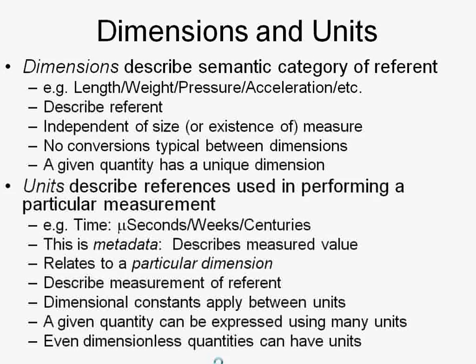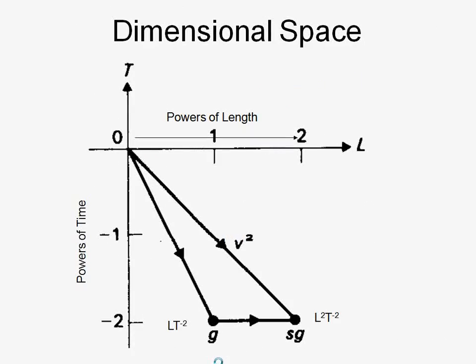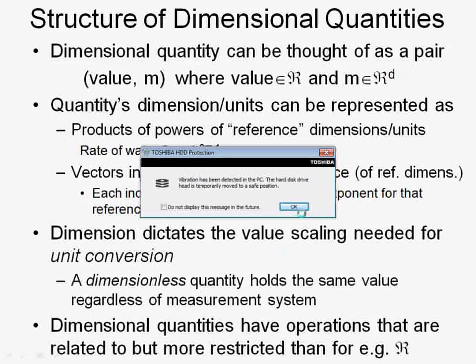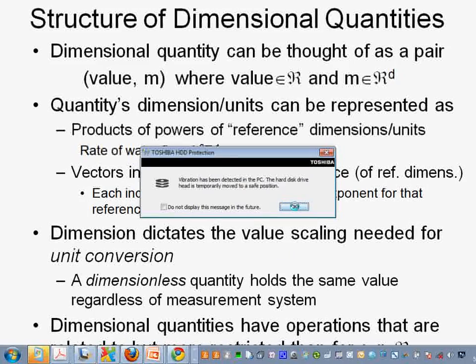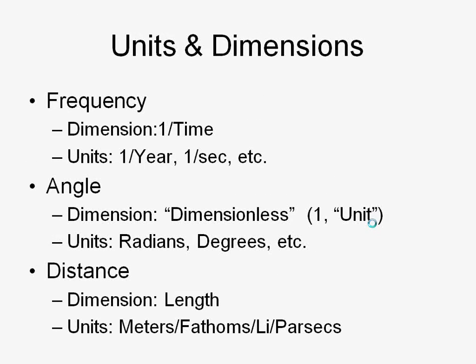Let's connect that to what we just said. Each of the exponents is 0 for a dimensionless quantity, right? Which makes them 1, because anything to the 0 power is 1. That's why we write it also as 1. We say it's a unit dimension because it's 1.